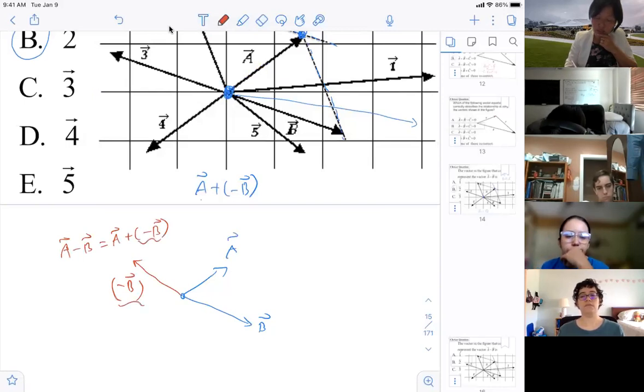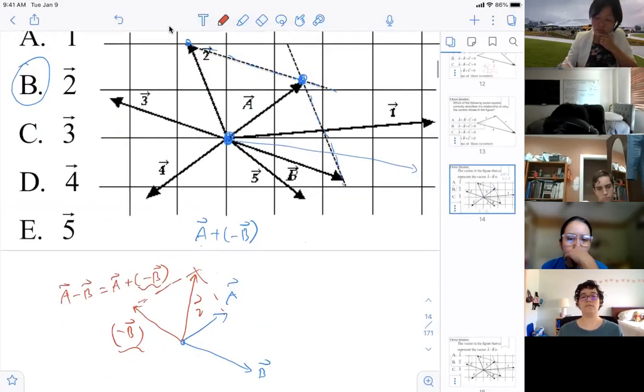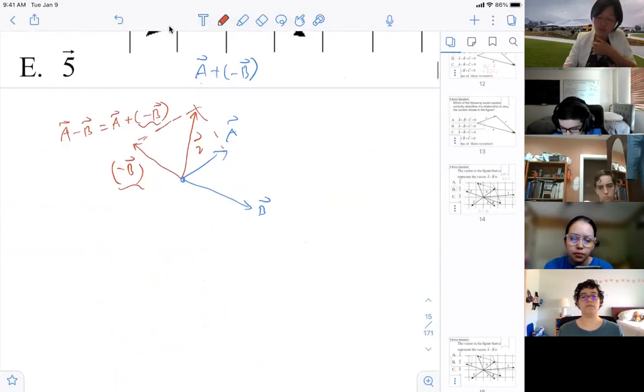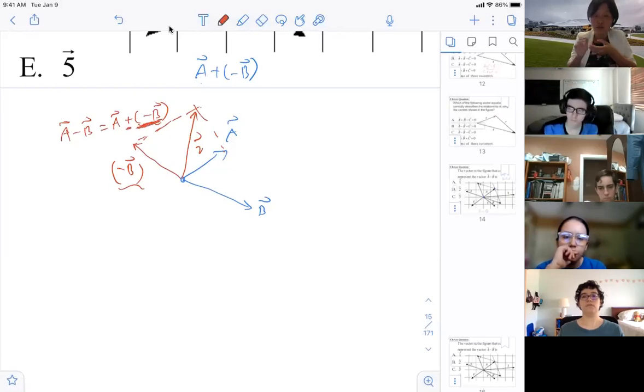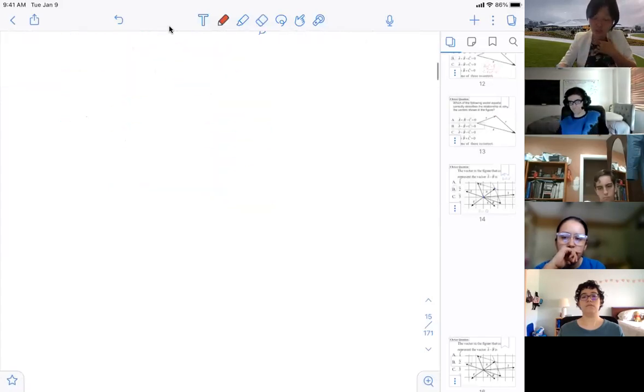So a and b, now you know how to do a plus b, a plus negative b, right? You draw a parallelogram, and you can see that looks like it is 2. Okay, so that's how you do vector subtraction: you flip the direction of your minus sign, and that forms a new quantity. So from doing that, you should already know how to do addition, and you already know how to do subtraction.